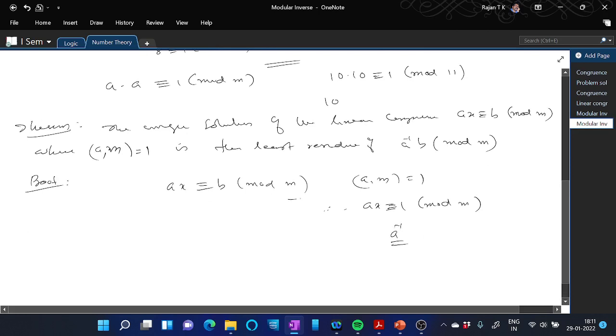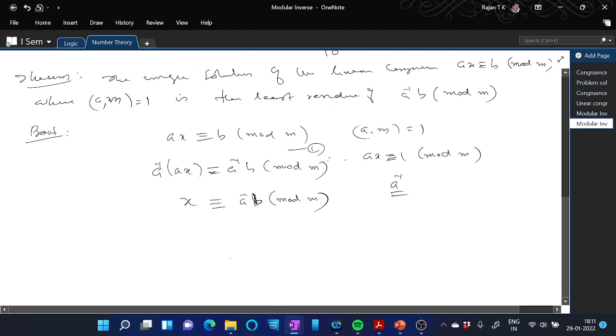So multiplying by a inverse on both sides, we get a inverse ax is congruent to a inverse b modulo m. That is, x is congruent to a inverse b modulo m. Thus, the solution to the linear congruence ax ≡ b mod m is the least residue of a inverse b modulo m.